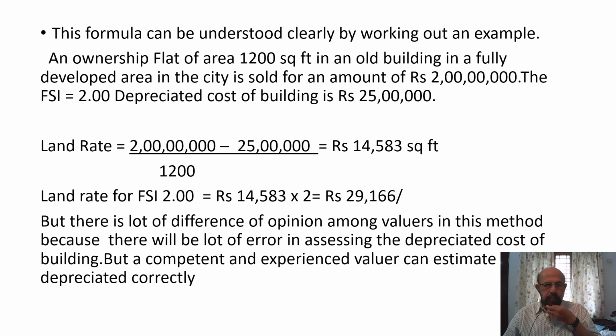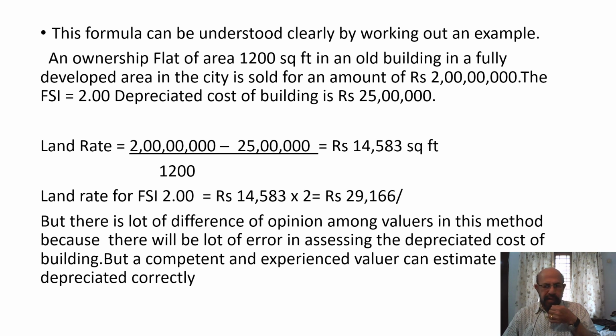This formula can be understood clearly by working out the following example. An ownership flat of area 1200 square foot in an old building in a fully developed area in the city is sold for an amount of 2 crores. The FSI is equal to 2. The depreciated cost of the building is 25 lakhs.